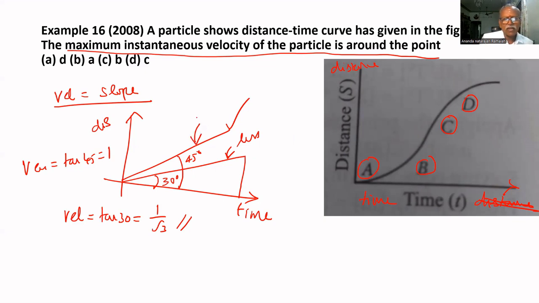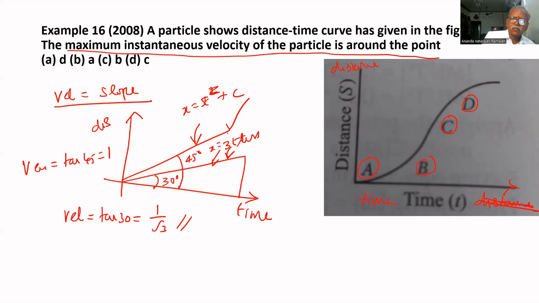That is another example. I told you that instead of giving the angle, they may give the equation for this line, in terms of x equal to 5t plus c. Here it is given x equal to 3t.